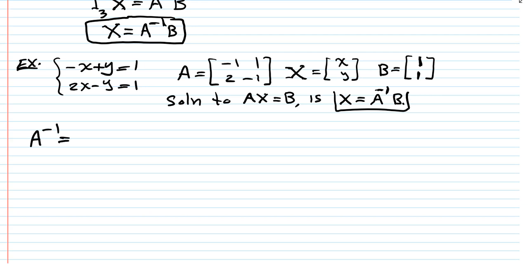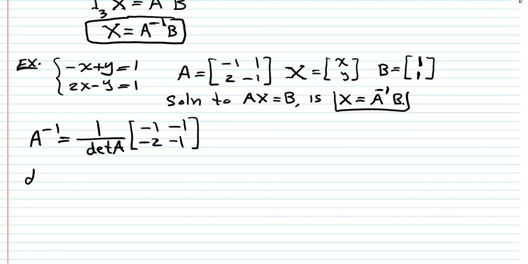A inverse is going to be 1 over the determinant of A times, to do this, I'm going to switch the elements, right? Negative 1 switched will be the same. It stays negative 1, negative 1. And then change the sign on the off diagonal. Remember, we just did this using this formula.